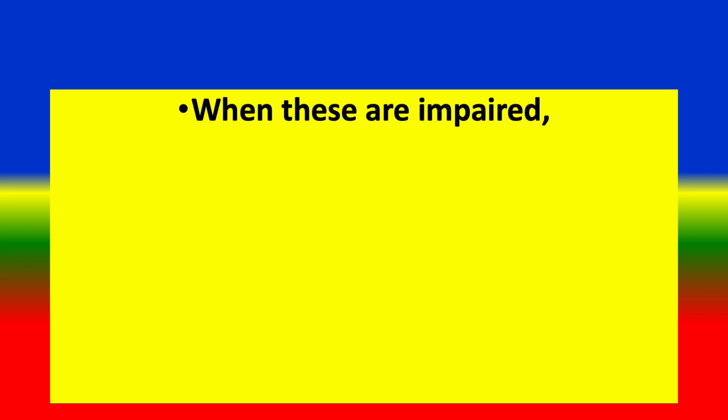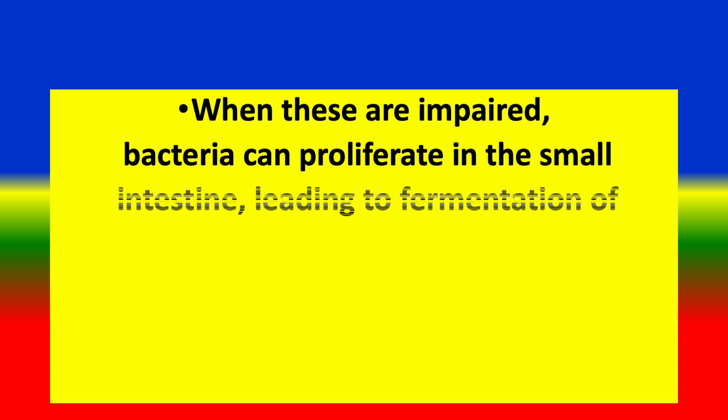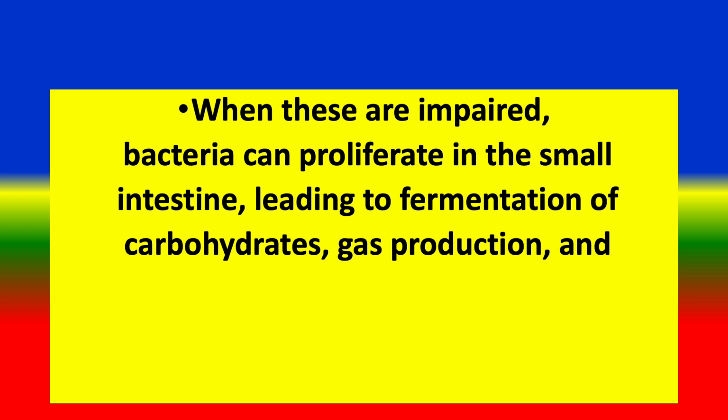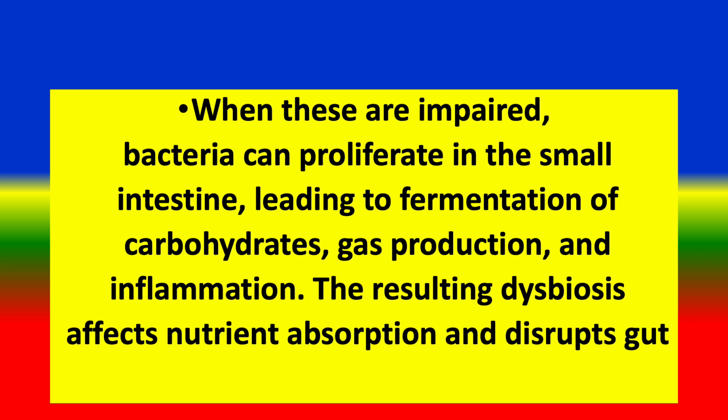When these are impaired, bacteria can proliferate in the small intestine, leading to fermentation of carbohydrates, gas production, and inflammation. The resulting dysbiosis affects nutrient absorption and disturbs gut integrity.